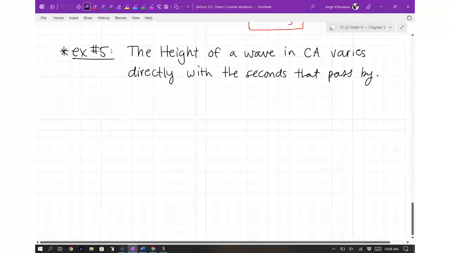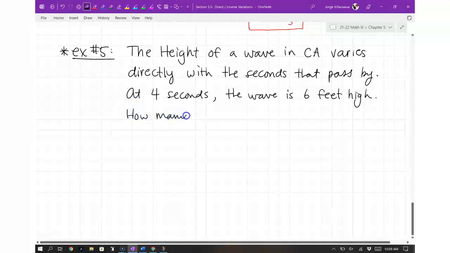Okay? At 4 seconds, the wave is 6 feet high. How many seconds will give you a wave that is 10 feet high?